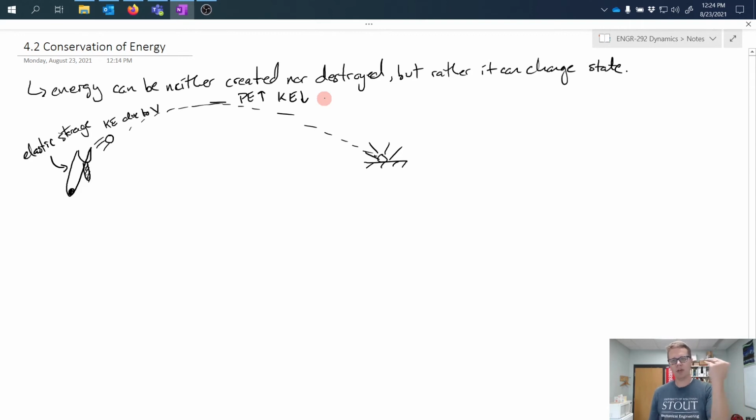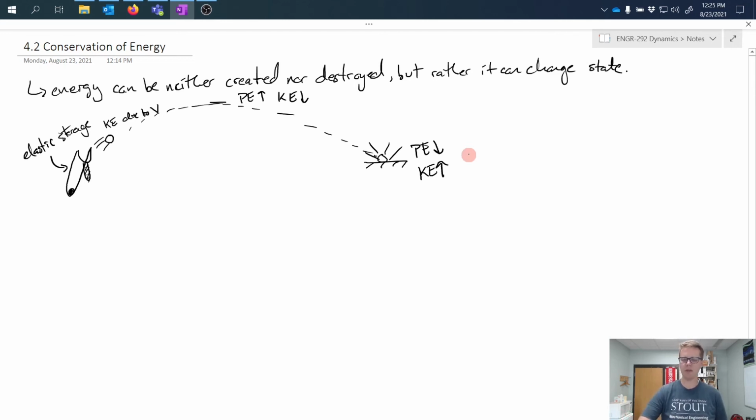Now, as the stone then travels down, it makes some sort of impact with the ground on this side, where the potential energy is now down, and the kinetic energy, due to the work done on the stone by gravity, the energy added into the system by the force of gravity, has come back up, and the stone has a higher velocity as a result.